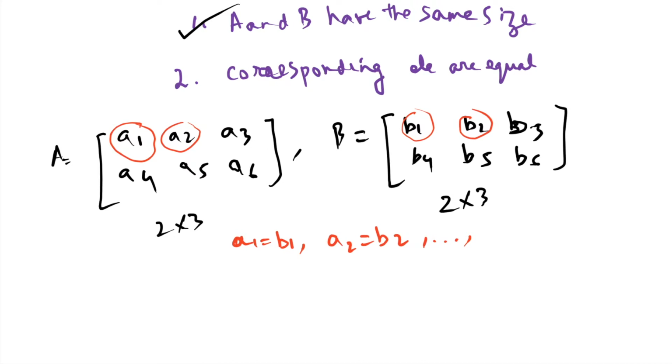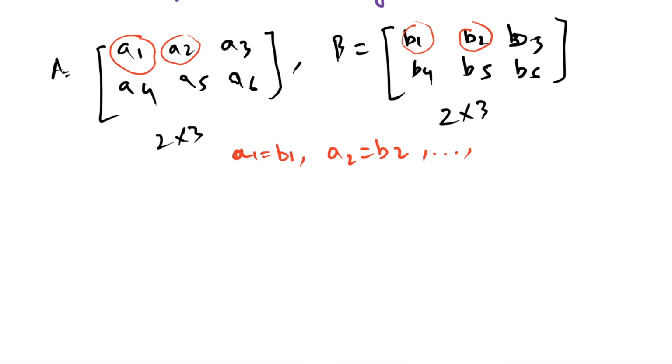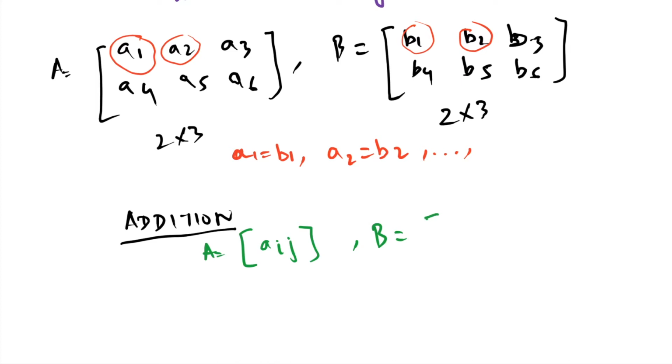So let's next talk about the addition of matrices. You can only add matrices of equal sizes, that is, two matrices that have the same number of rows and columns. Let's say A is denoted by Aij and the matrix B is denoted by Bij.